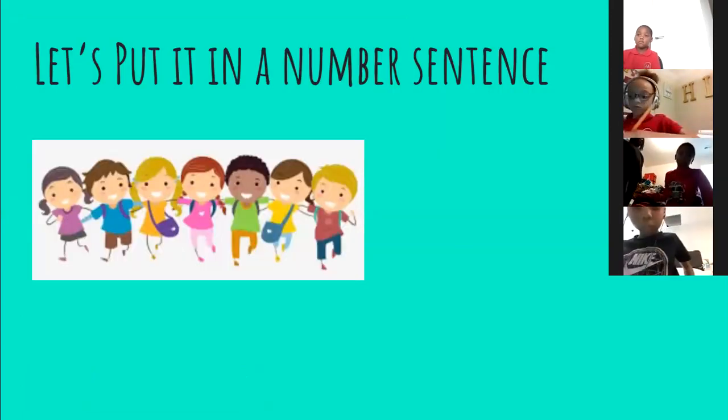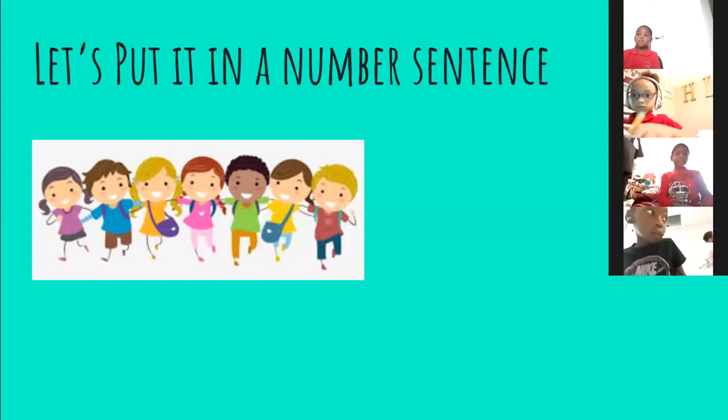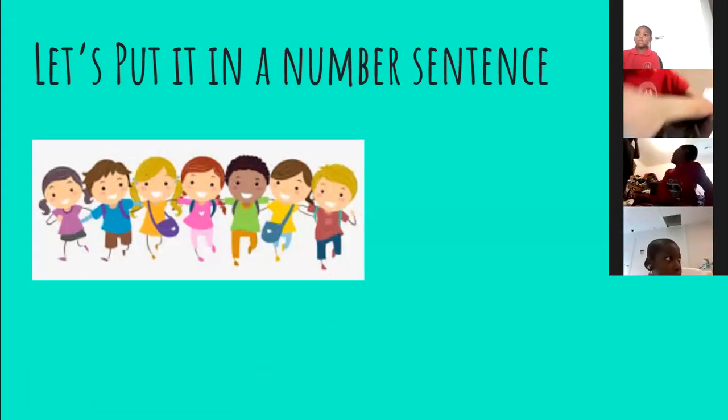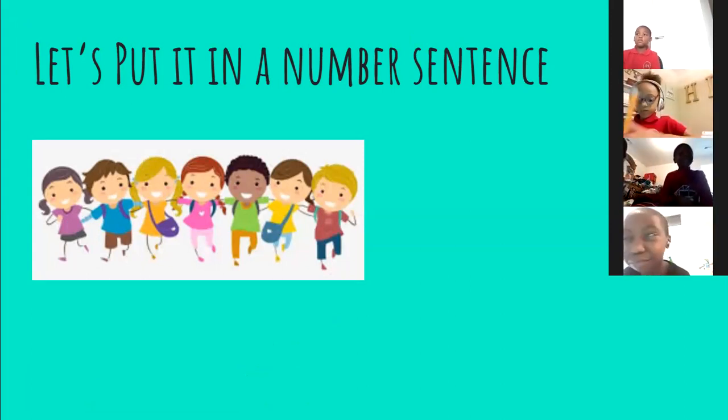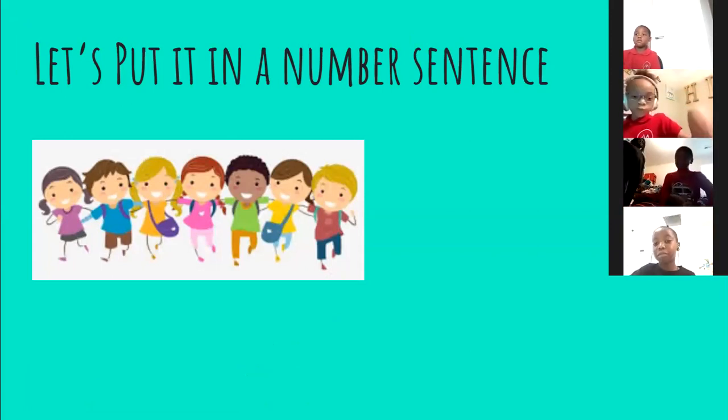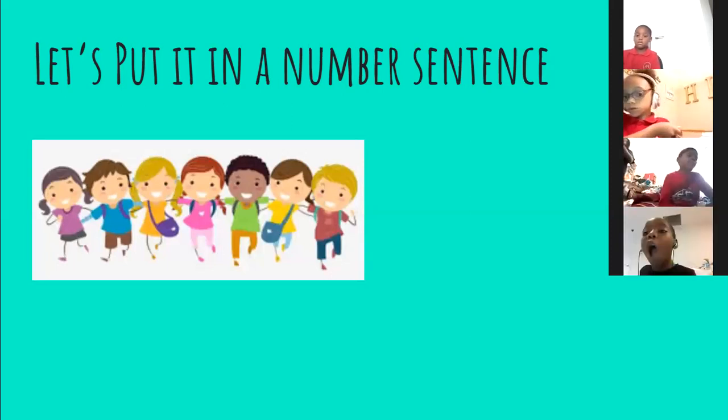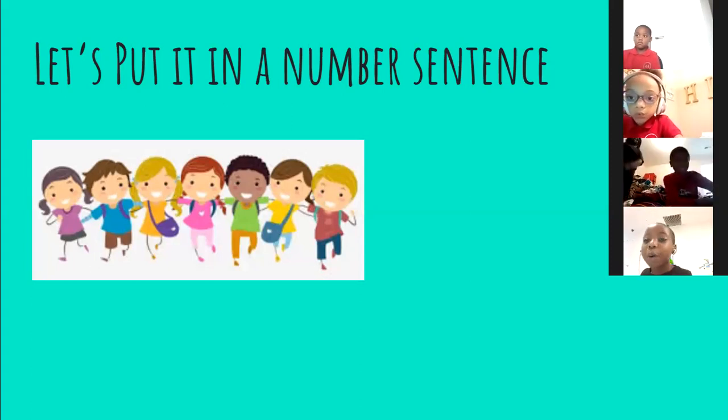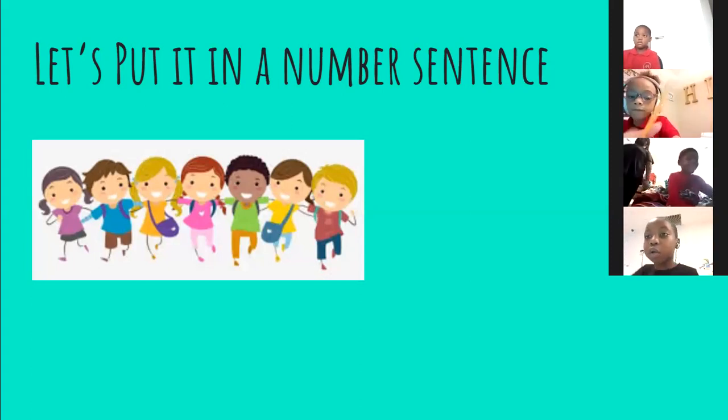So let me see who can put it into a number sentence for me. Nasir, give me a number sentence for that picture. Oh, for this picture right here? Okay. Nope, we're looking at the kids without the yellow shirts and the kids with the yellow shirt. So 2 have on the yellow shirts.